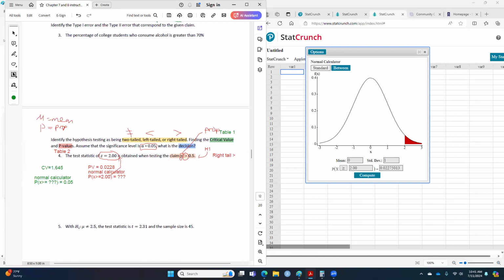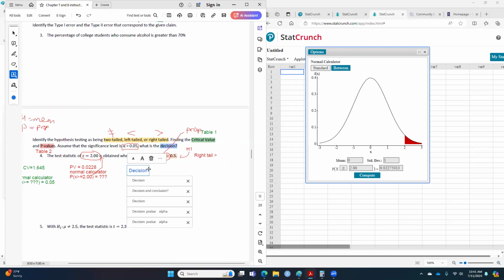And now we have to figure out the decision in this case. So the decision in this case is based on p-value and alpha. So alpha is this little fish. Okay, some of you are asking what is alpha? Alpha is a little, I don't have the symbol here on my keyboard.